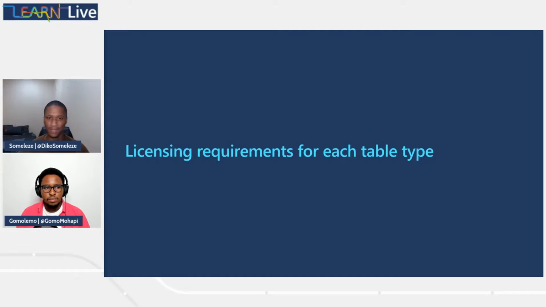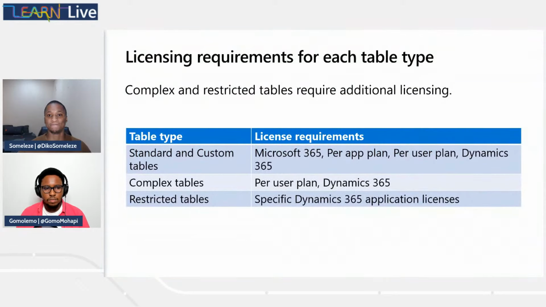So our table types, just to reiterate a little bit, are standard tables, complex tables, and restricted tables, right? And also the activity tables and virtual tables. So what are the license requirements for those table types? As explained in unit 1 of the Learn module, complex and restricted tables require additional licensing.